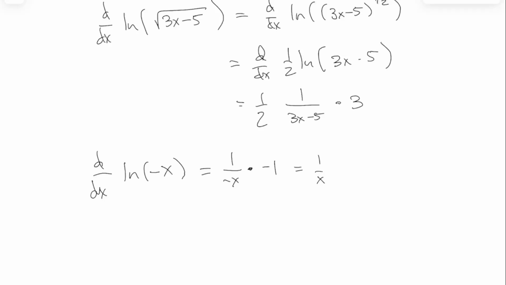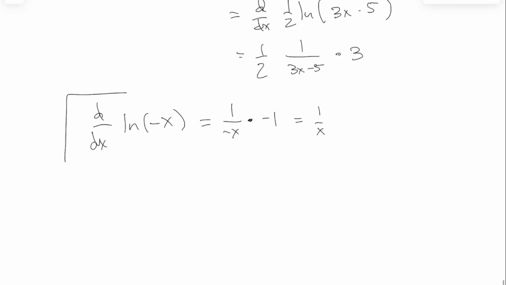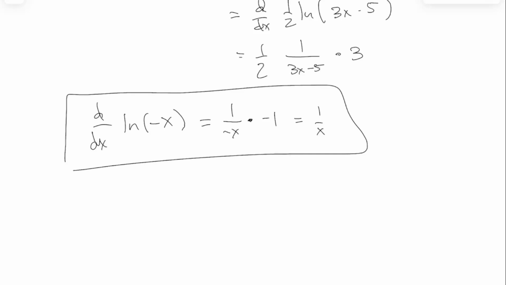All right. So it turns out that the derivative of this one is not very interesting as a thing by itself, but it is interesting to point out. Of course, everybody knows the derivative of natural log x equals 1 over x, but apparently the derivative of natural log of negative x is also the same, 1 over x, all right? Log of x and log of negative x have the same derivative.